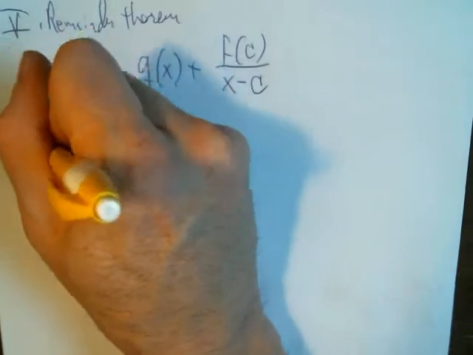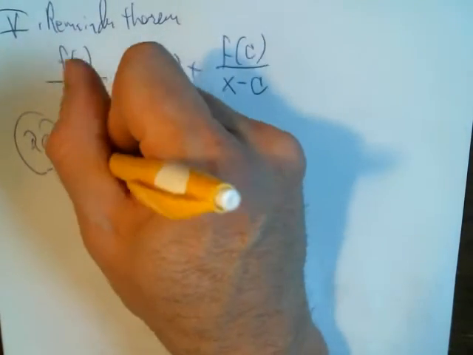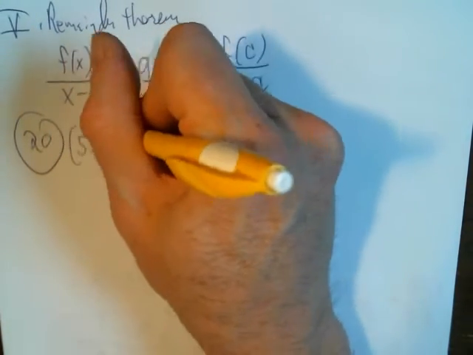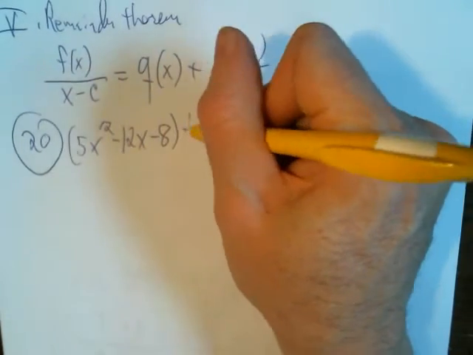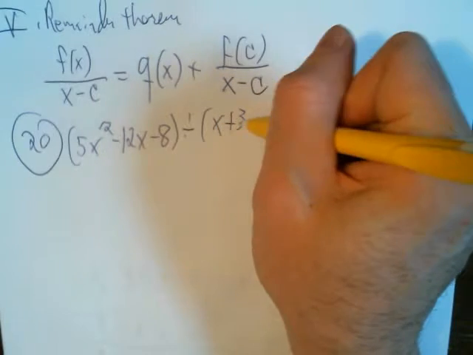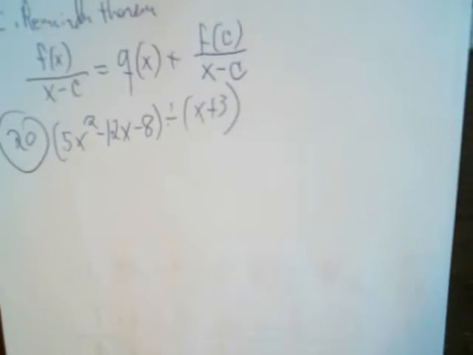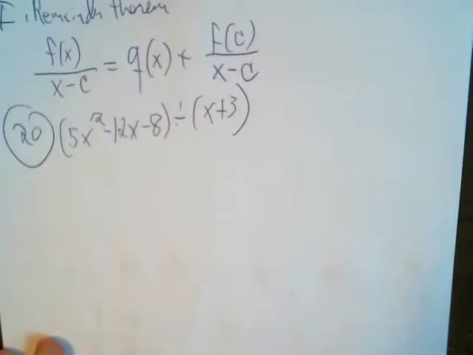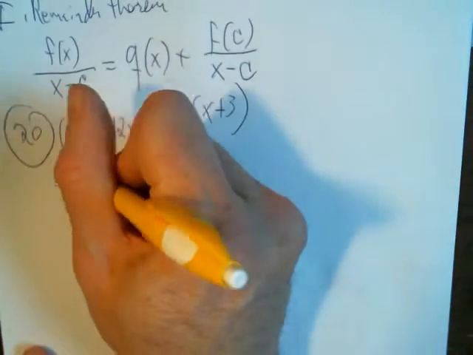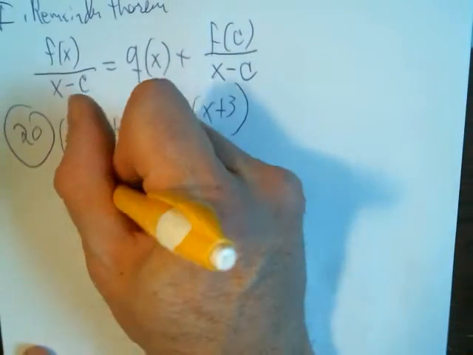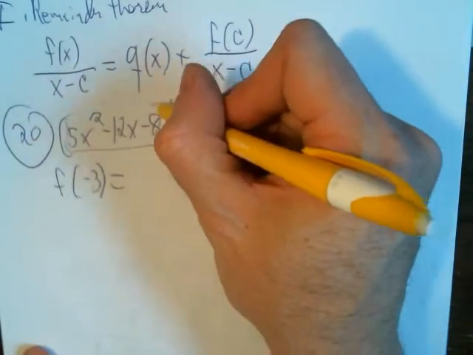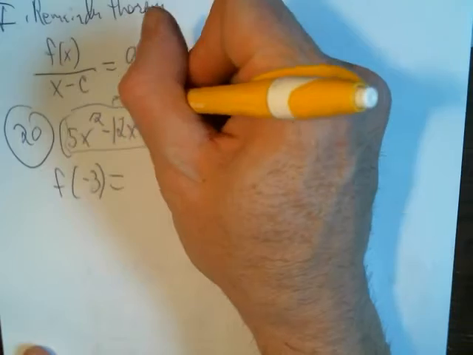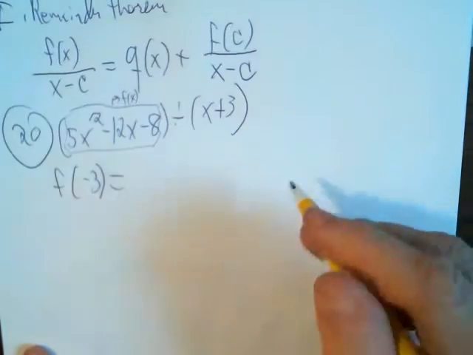So let's look at number 20. I have 5x squared minus 12x minus 8 divided by x plus 3. So, first note, what is f of negative 3? This is what we're considering to be f of x.